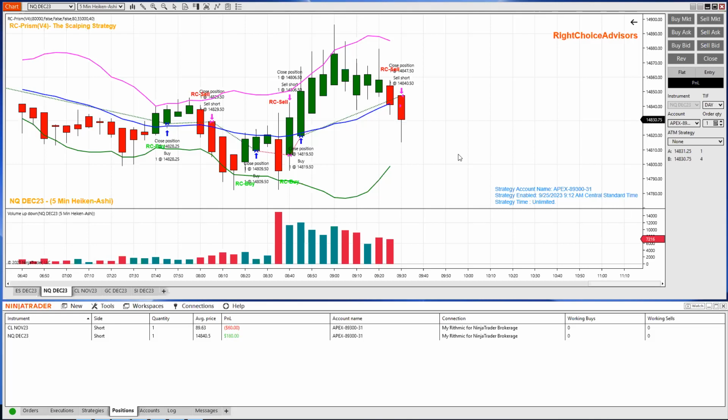Kavita, if you just search on NQ, you will see NQ 1223, just like you are seeing ES 1223. Just search on NQ.